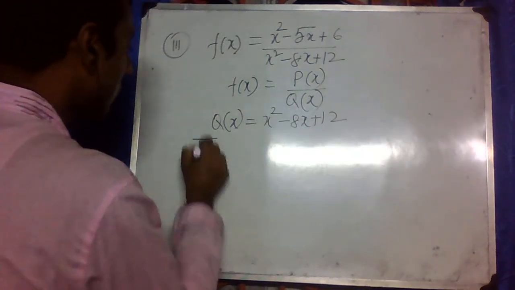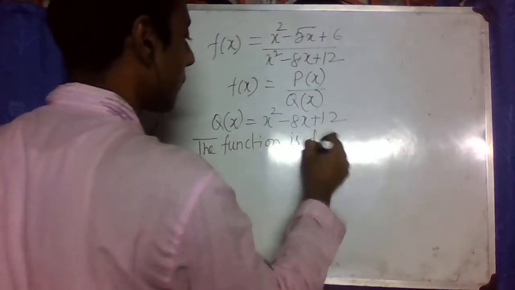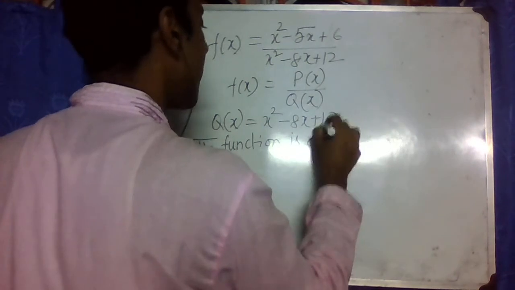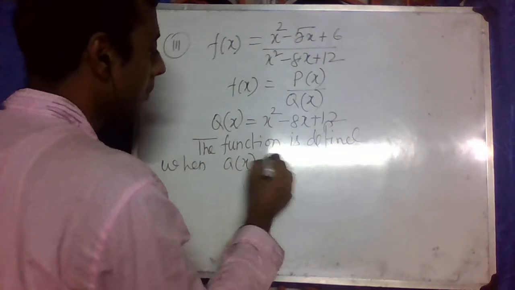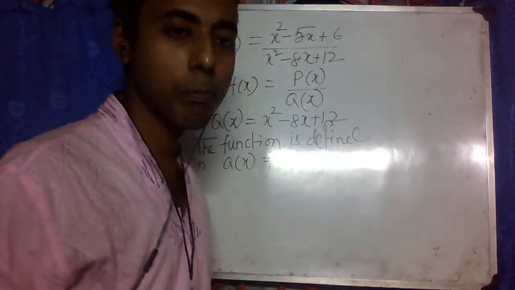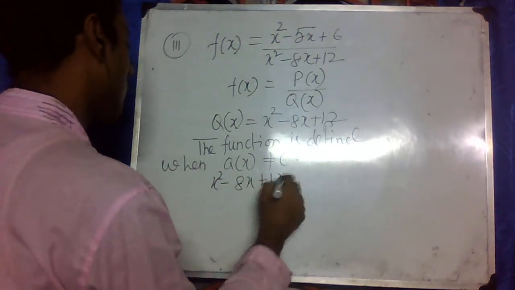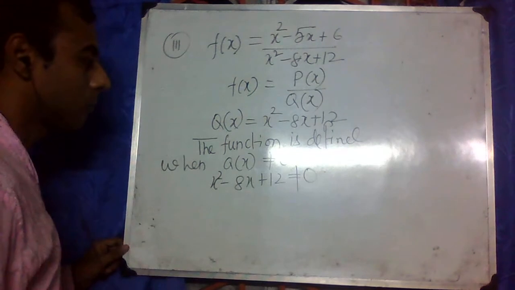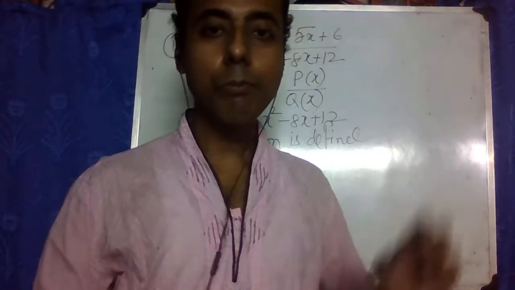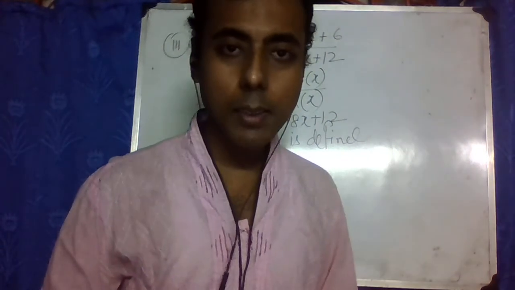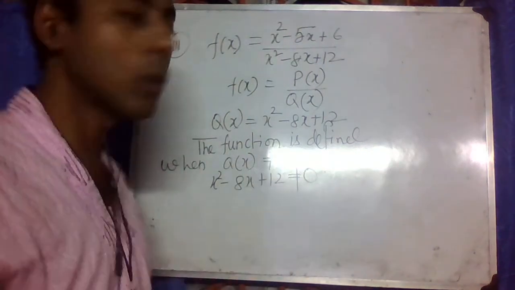The function is defined when q(x) is not equal to 0. That means x square minus 2x not equal to 0. By the table, for the p(x) by q(x) form, the condition is that the denominator is not equal to 0. So q(x) not equal to 0.